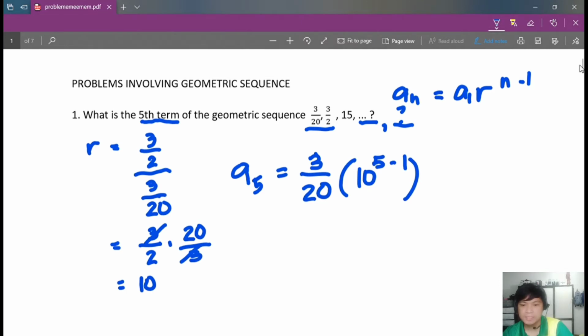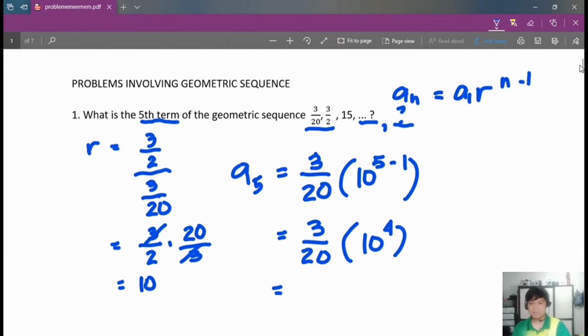So this is 3 over 20 times 10 raised to the 4th power. What is 10 raised to the 4th power? That is 10 times 10 is 100, times 10 is 1,000, times 10 again is 10,000. So that is 3 over 20 times 10,000.